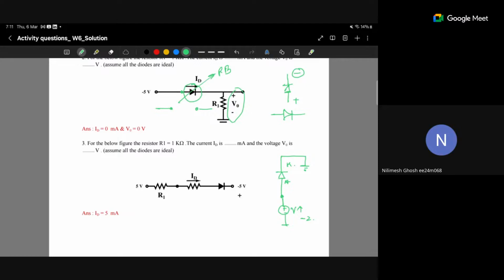Why 0? Is the voltage positive or negative? Voltage is negative, V equal to -2 volt. Current flows in the other direction, because at the cathode side the voltage is 0 because it's earth.